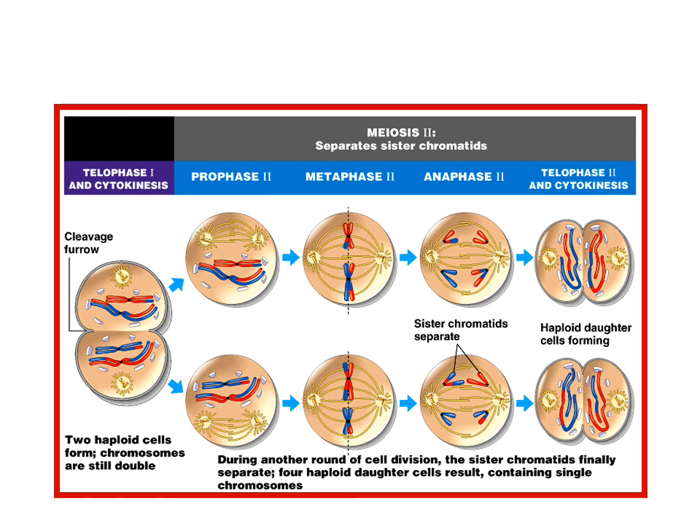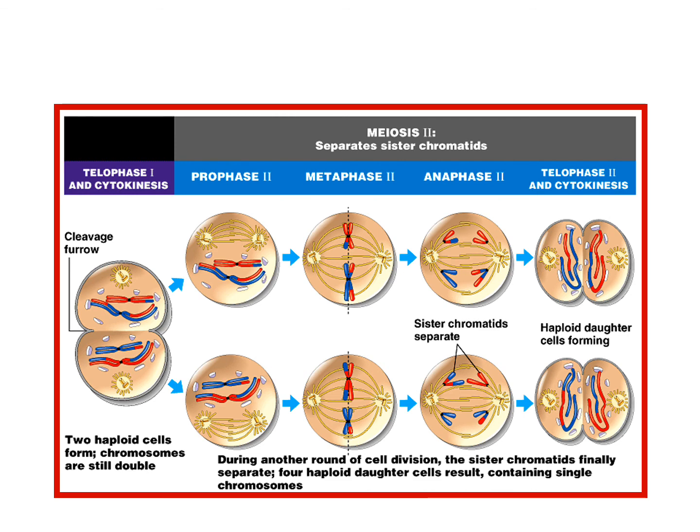In meiosis II, the mechanisms taking place are just like we talked about with mitosis. In prophase II, chromosomes condense, the microtubules organize. In metaphase II, we have the chromosomes aligning along the central axis because the microtubules have attached and are pushing and pulling those chromosomes along the central axis.